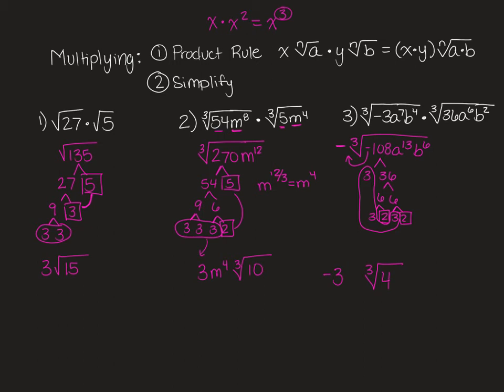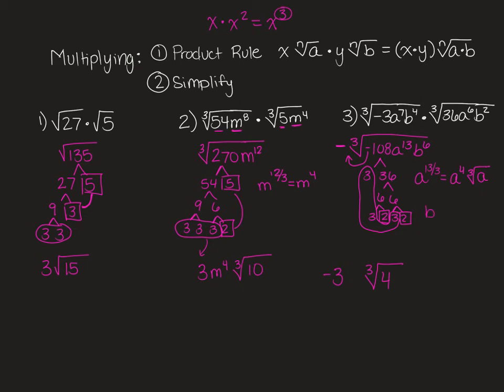So now I need to break down my variables. A to the 13th, if I divide that by 3, because we have a cube root, 3 goes into 13 4 times. You get a to the 12th, and then you have 1 left over. So we have 1 left underneath the cube root.